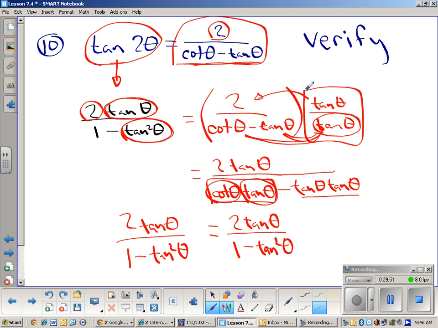Okay? I mean, to be honest, when I first looked at this, my first thought was, well, that's the difference of two squares. That's 1 minus tan times 1 plus tan. Well, in this case, I didn't need to use it, but that is the first thing I noticed. And so that's something that you want to start thinking about.